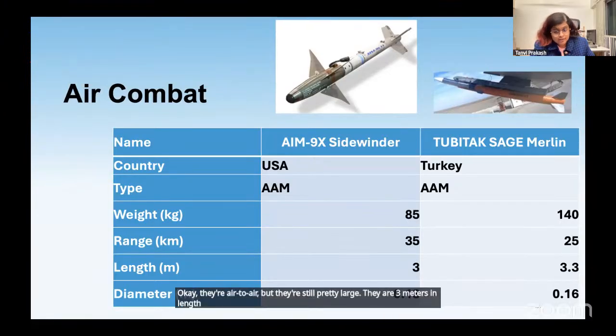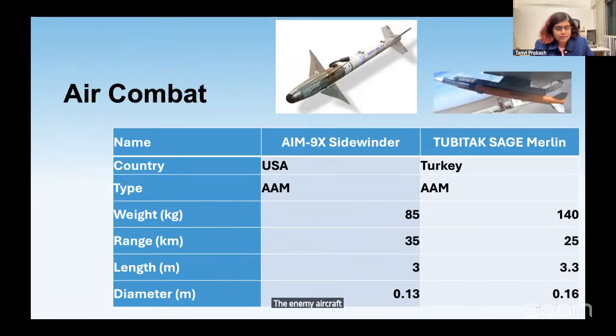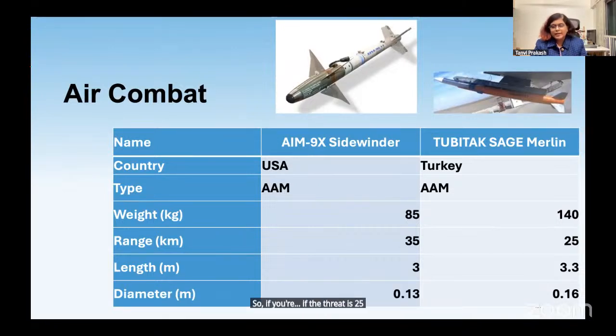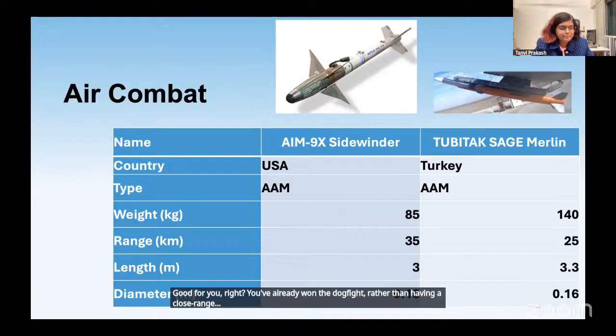And their range is also pretty large, because this is the range at which a pilot might be able to see the enemy aircraft. So the quicker you are able to neutralize threats, the easier it is for you to win your dogfight. So if the threat is 25 kilometers away and you're able to take it out, good for you, right? You've already won the dogfight rather than having a close range combat.